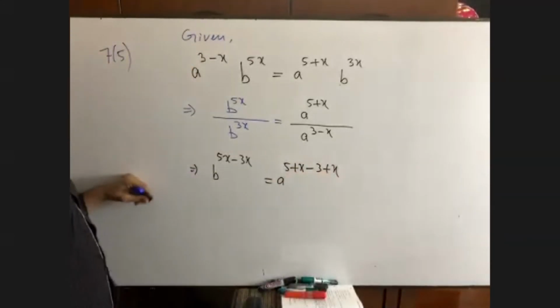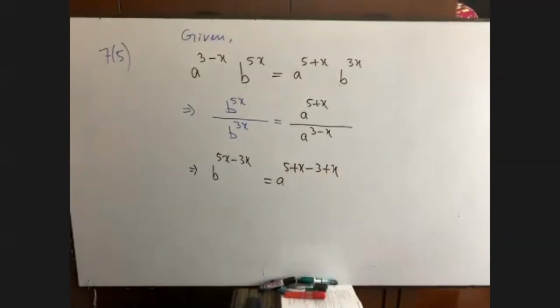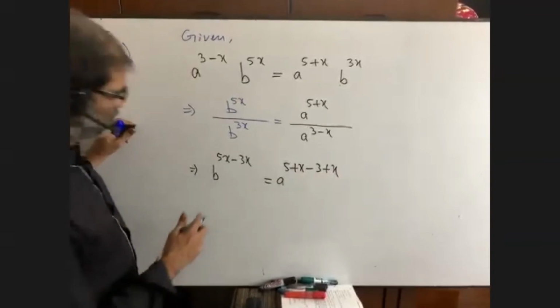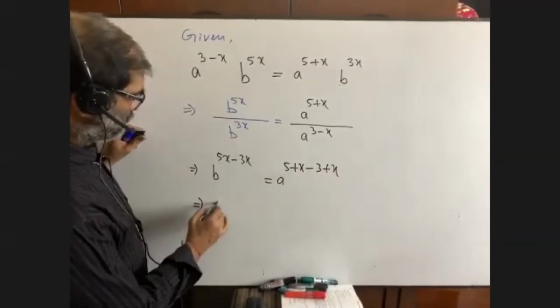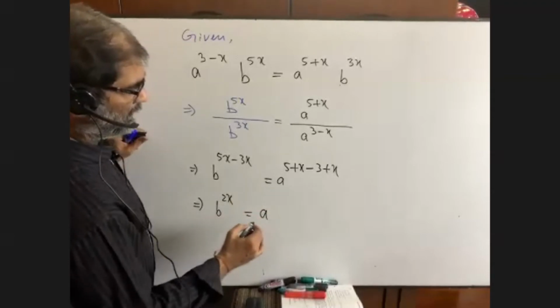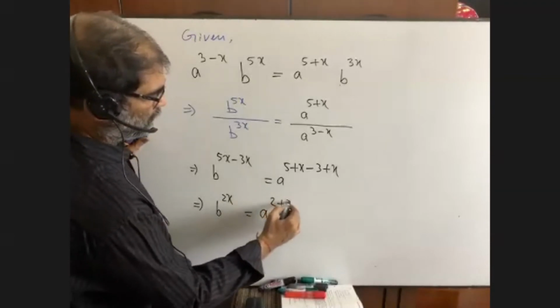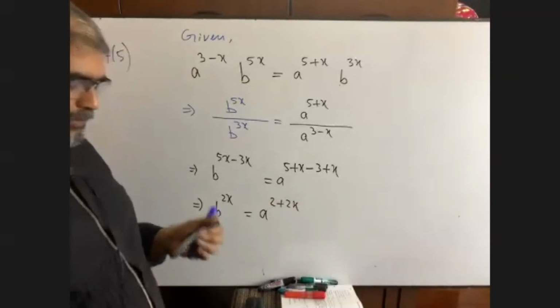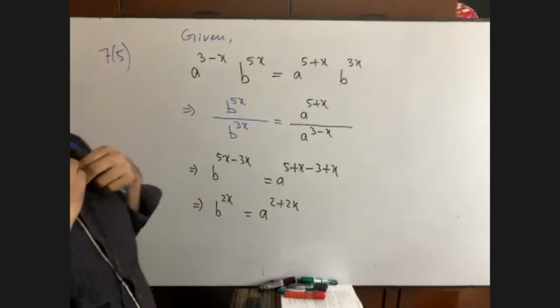During division, having the same base, powers are subtracted. Now you see, B to the power 2x, we have A to the power 5 minus 3 is 2, plus 2x. All of you do up to this, very, very important math to be given in the examination.